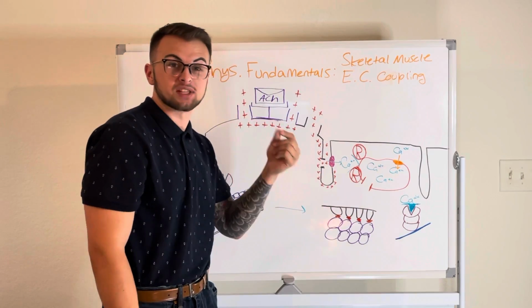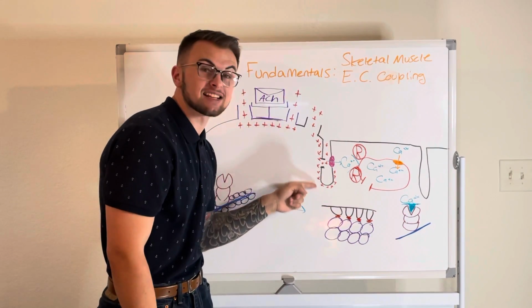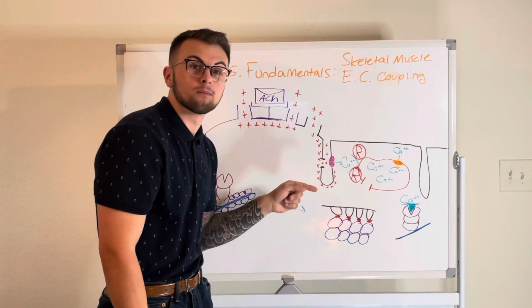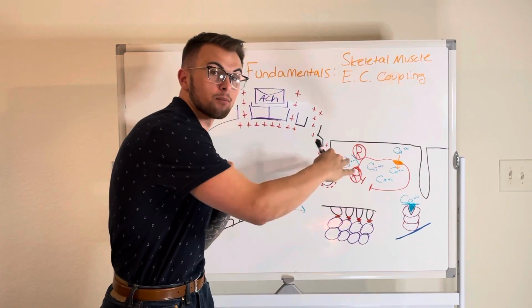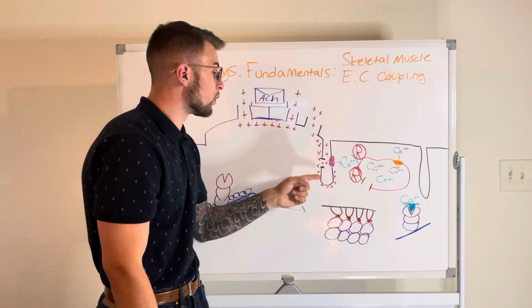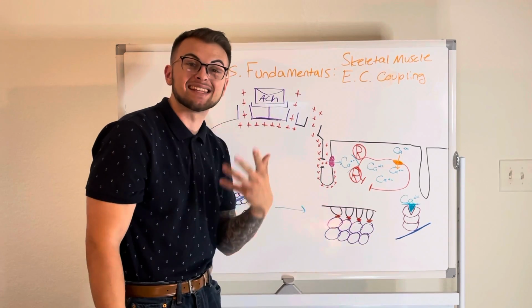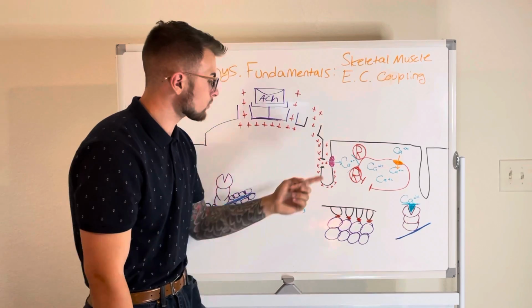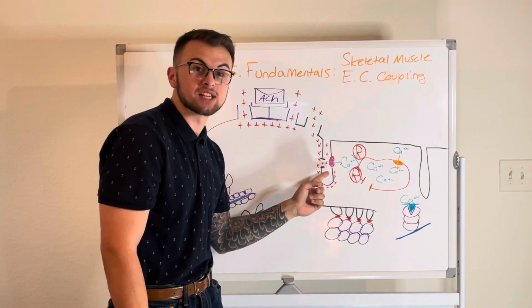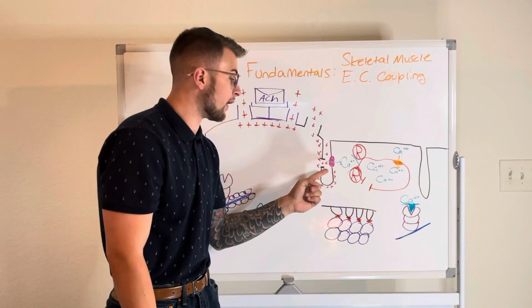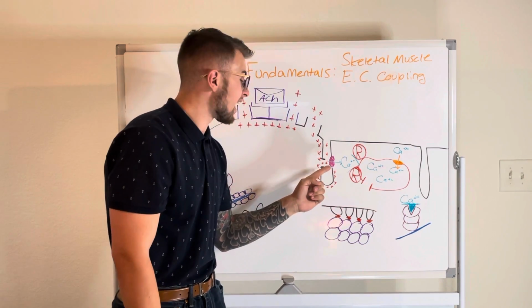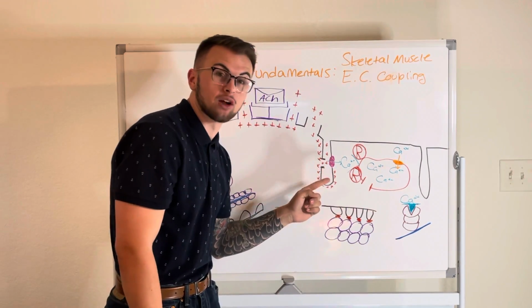This action potential is propagated down the sarcolemma, or muscle cell membrane, until it reaches what is called a dihydropyridine receptor, or DHP receptor. This DHP receptor is what is known as a voltage-gated L-type calcium channel.